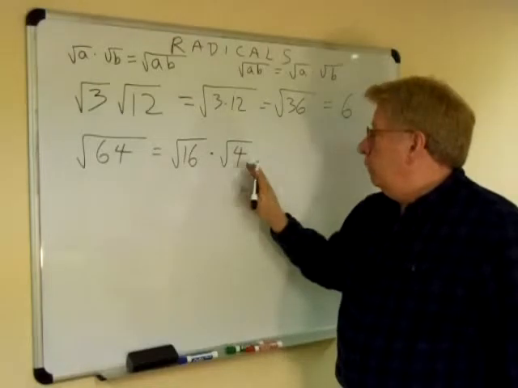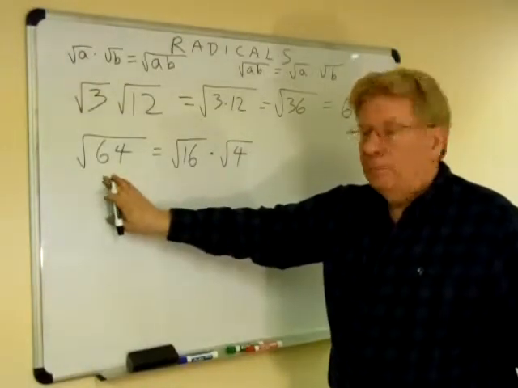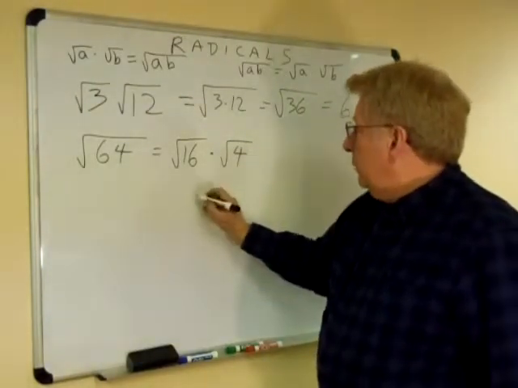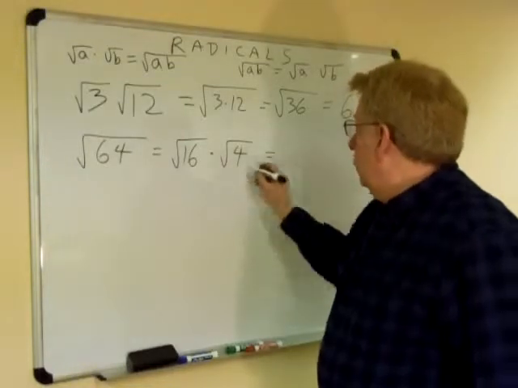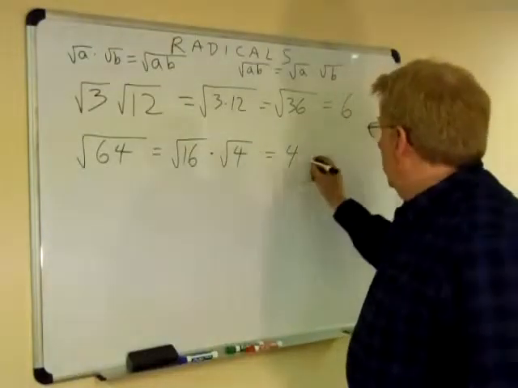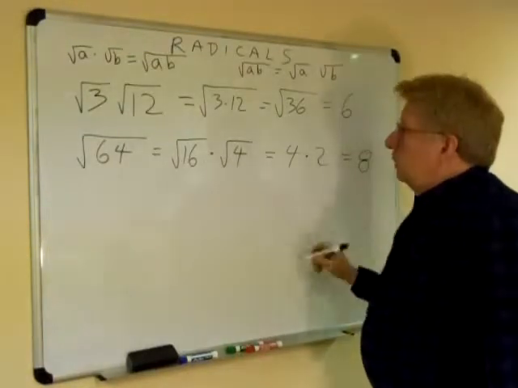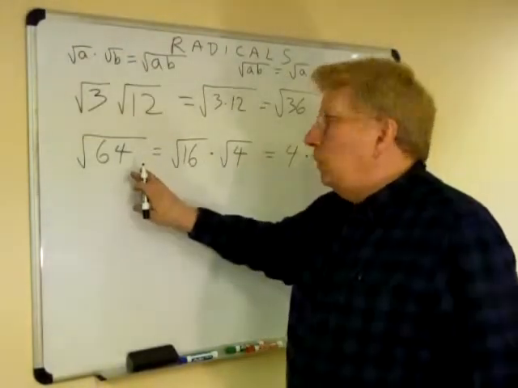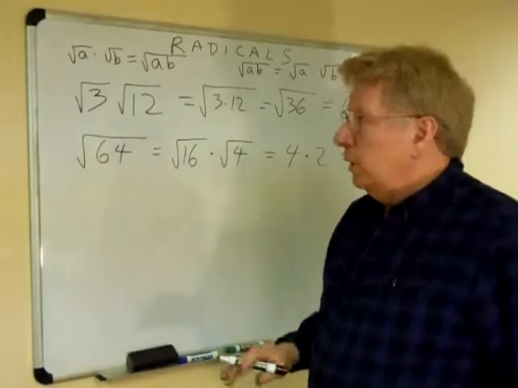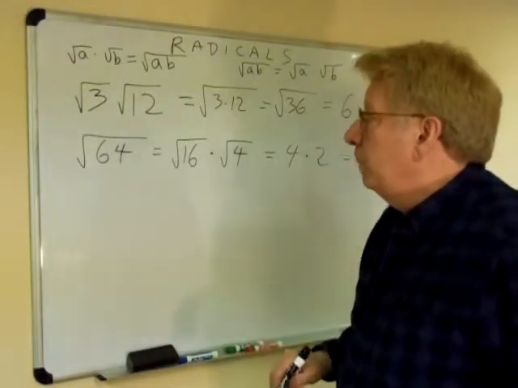Now, 4 times 16 is 64. The square root of 16 is 4, the square root of 4 is 2, and 4 times 2 equals 8. So by applying this property, we were able to resolve these square roots.